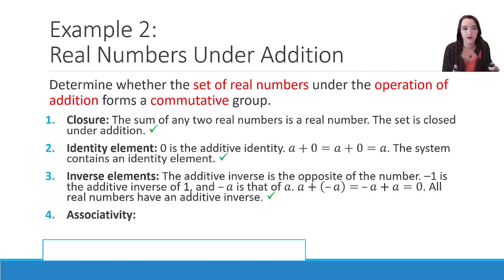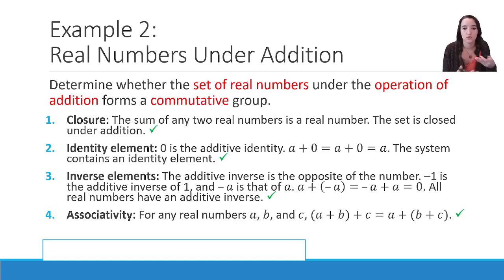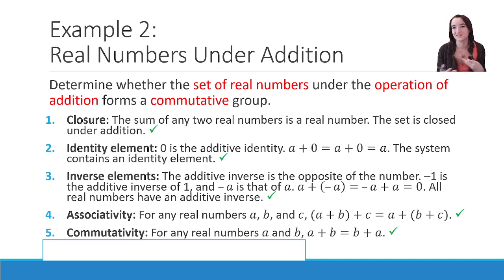Associativity, this is one where we're just going to assume that it holds because we understand how addition works. We're not going to get into the proof of why this works no matter what, but you can assume that associativity as well as commutativity are going to hold for addition because I kind of introduced it in this way, that this is a known fact that you're allowed to assume.